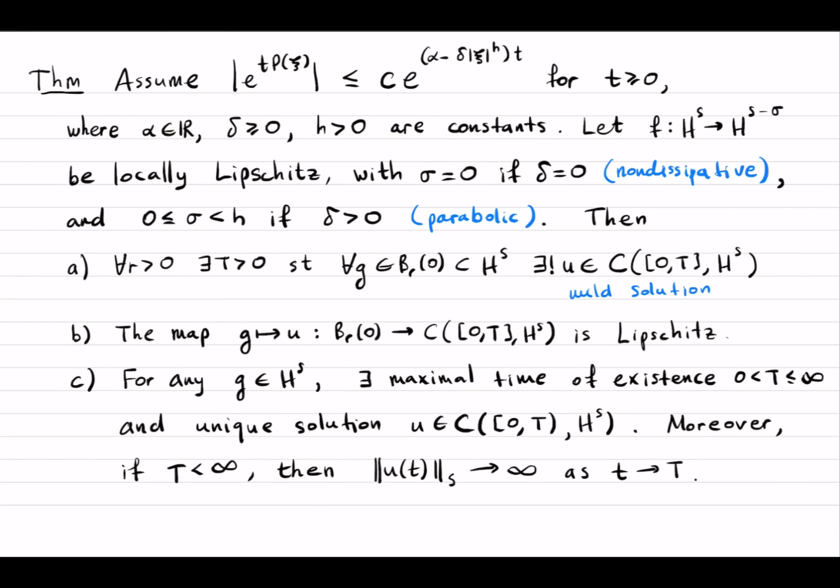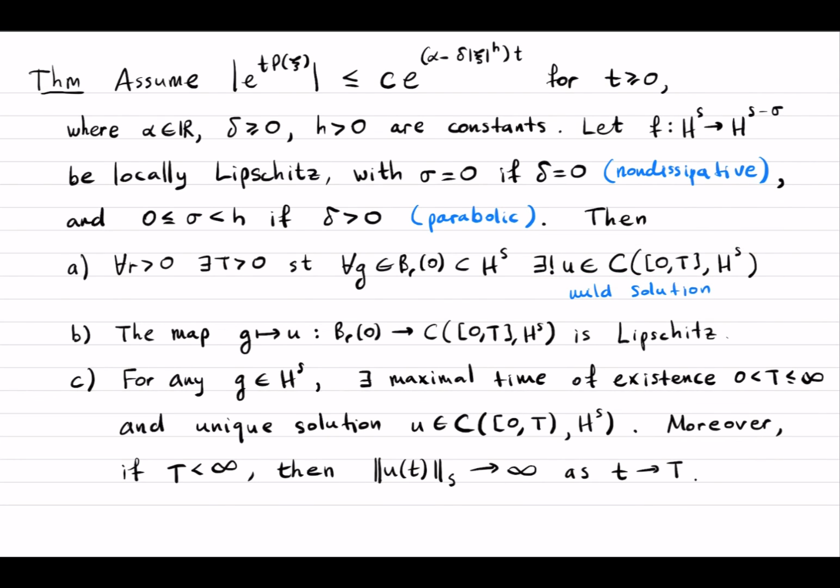First, this is a local existence and uniqueness result. So the initial data is given from some ball of radius r in the Sobolev space Hs, and there exists a strictly positive time interval in which there is a unique solution.